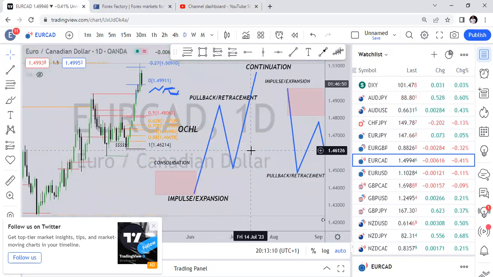Because when we are talking about the market, we're talking about the largest financial market in the world. A $6.6 trillion a day market, the most liquid financial market.